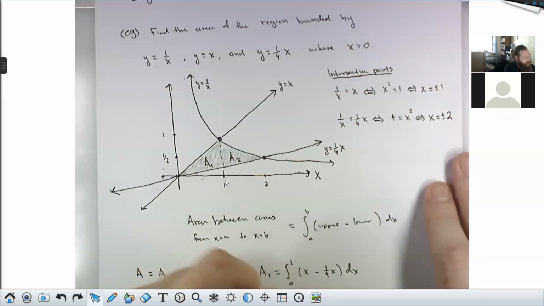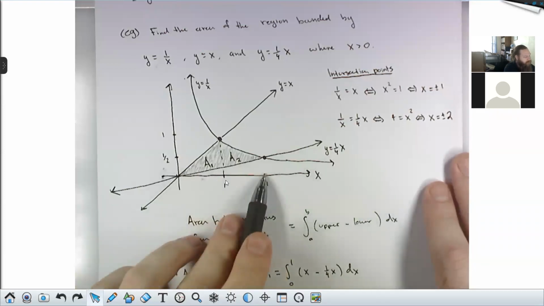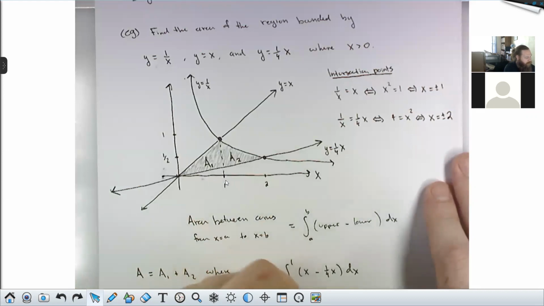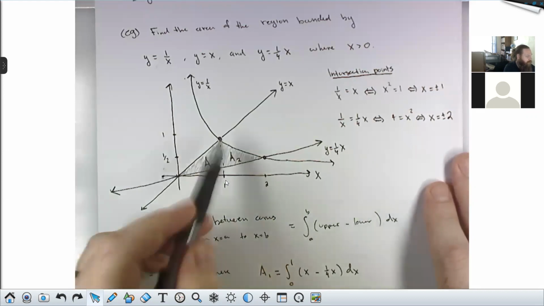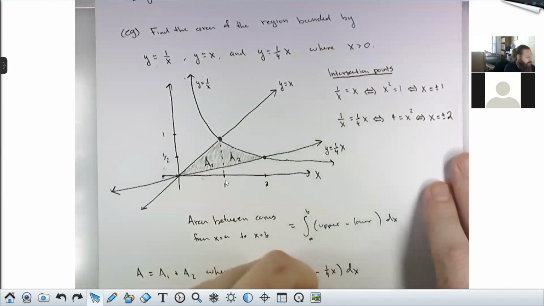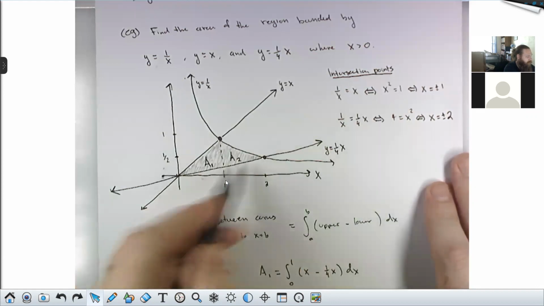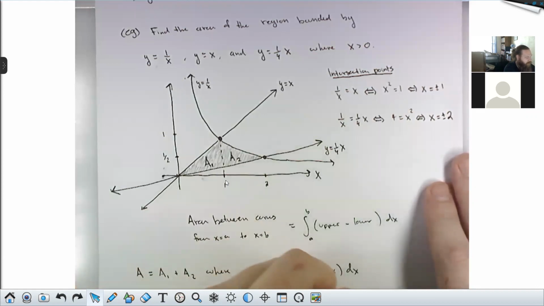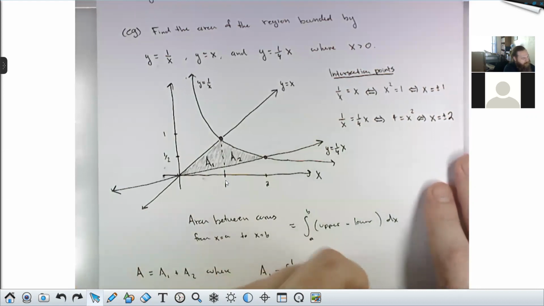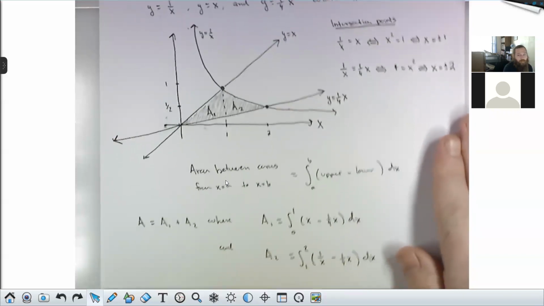And A2, that would be the integral from 1 to 2 of the upper function there, which is 1 over x, minus the lower function there, which is 1/4 x dx.